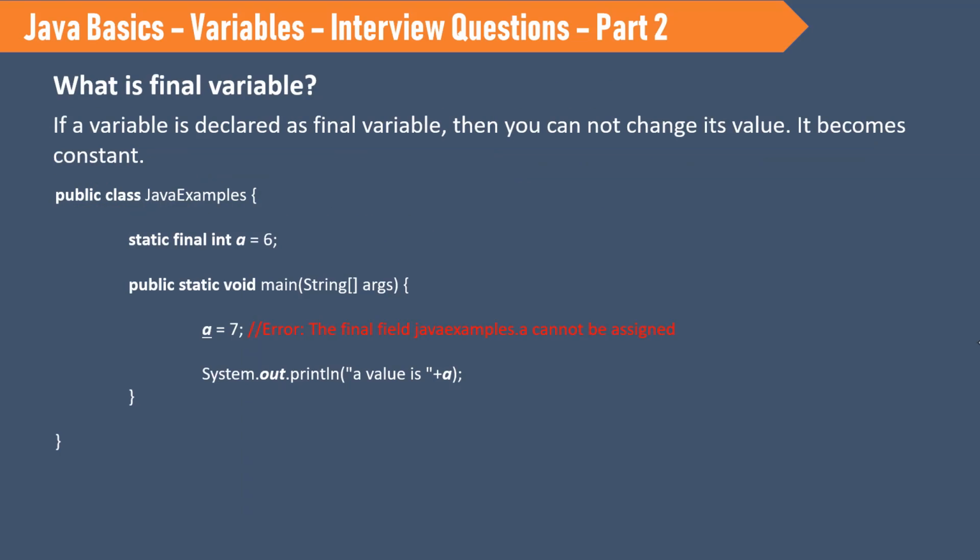What is a final variable? Let's say I have a class which is class SomeJavaExamples. So this is the class and I have the main method here.